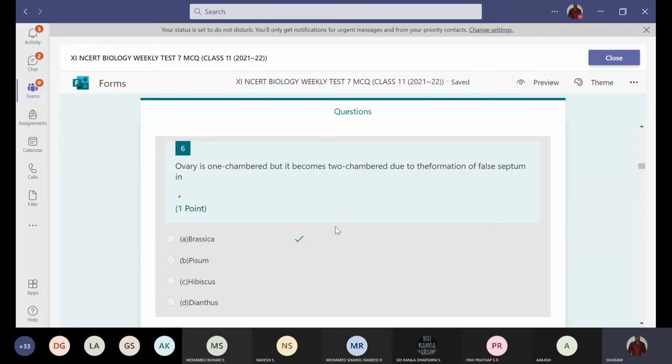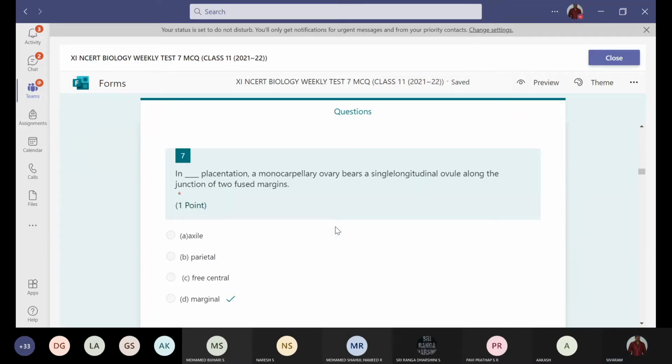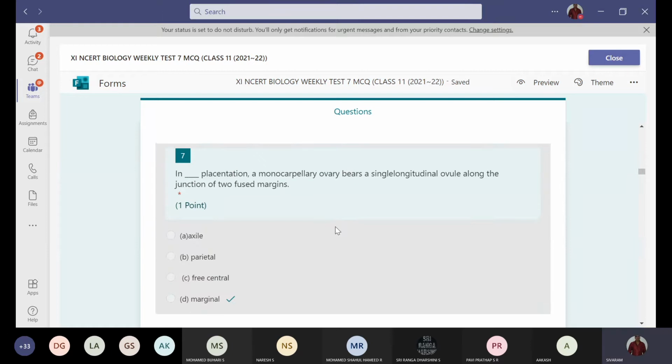It is observed in brassica. And next, in dash placentation, a monocarpellary ovary bears a single longitudinal ovule along the junction of the fused margins. That is a marginal placentation.